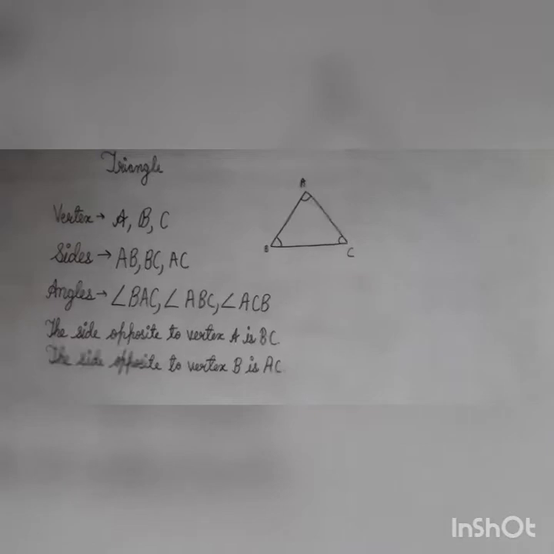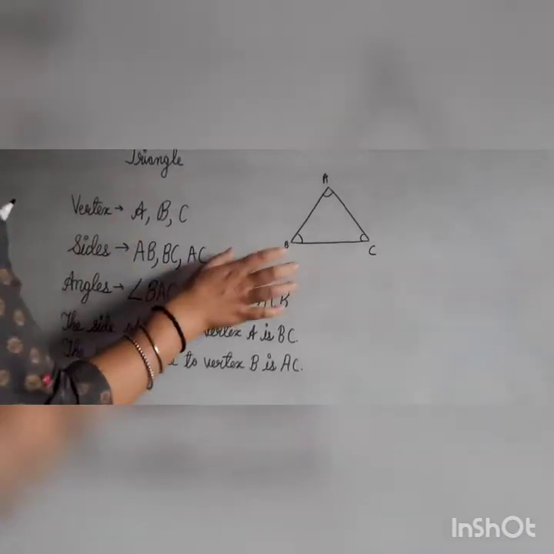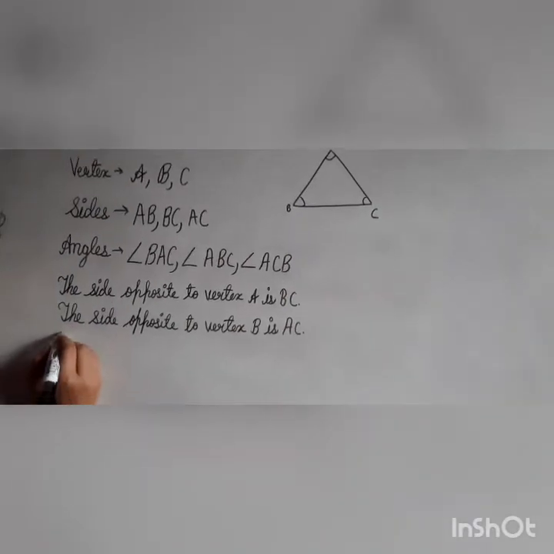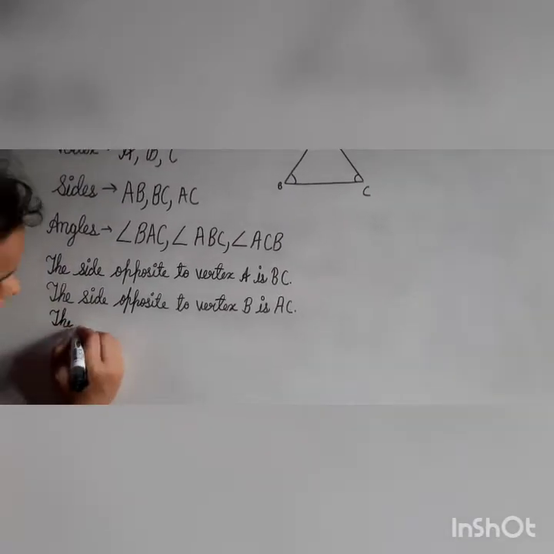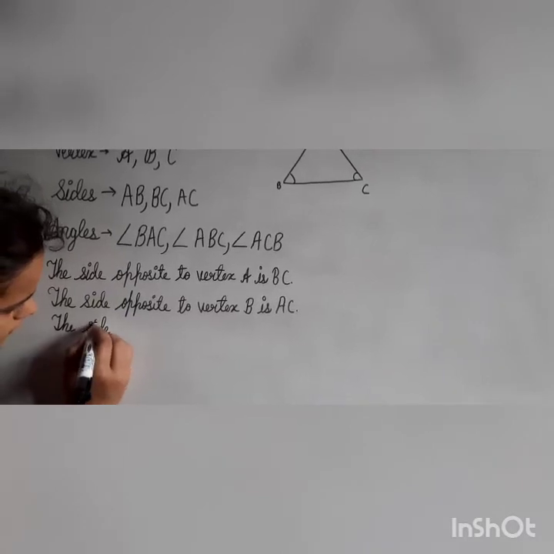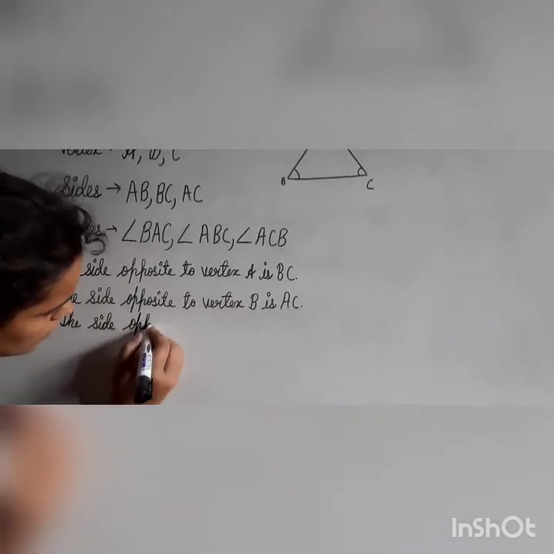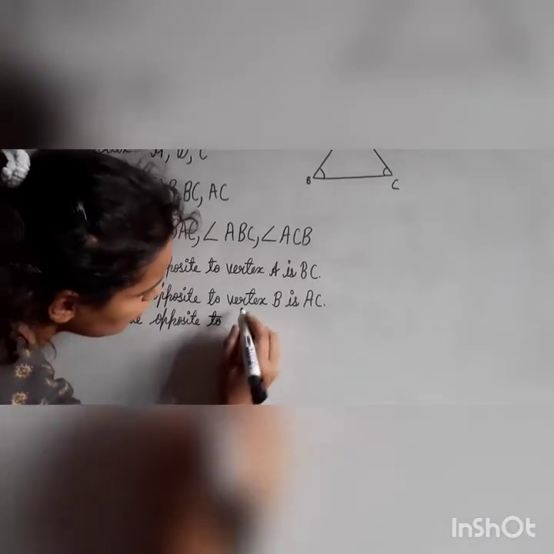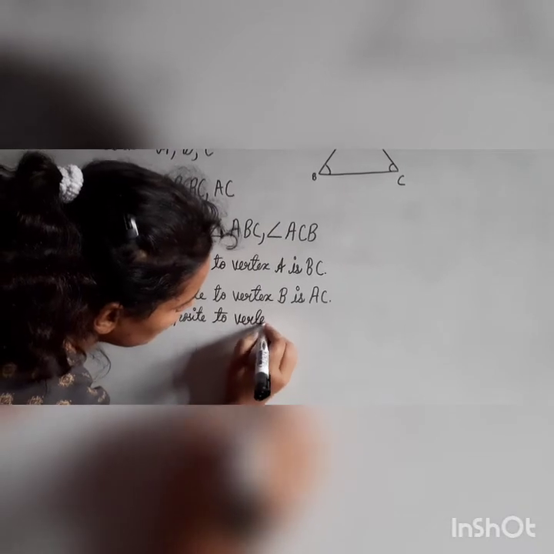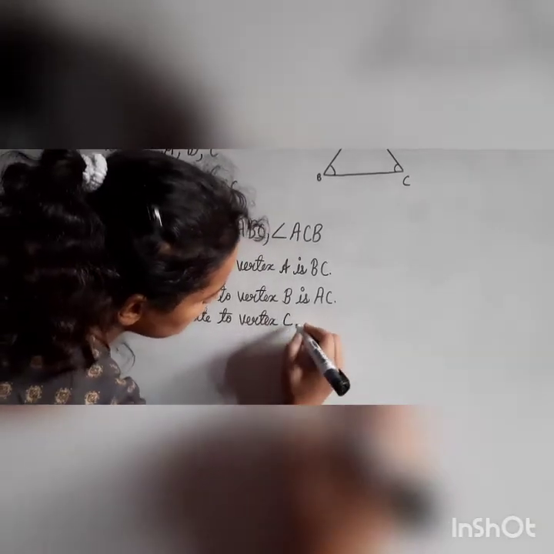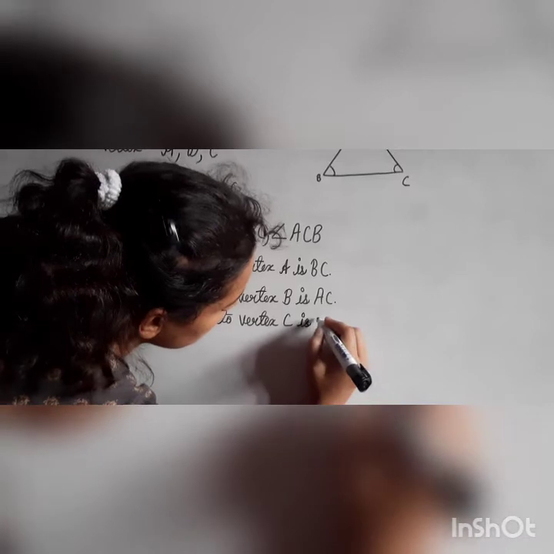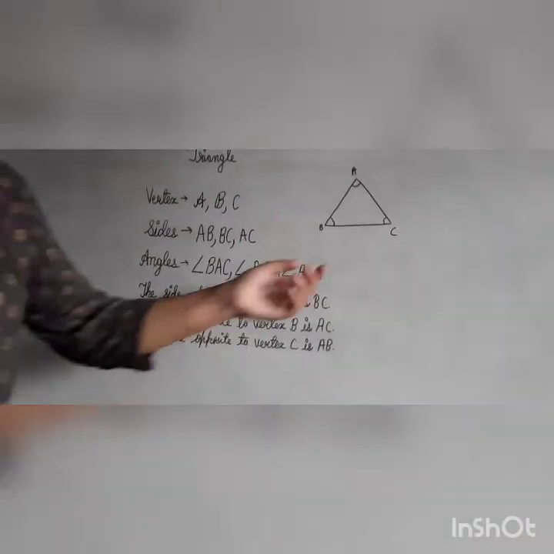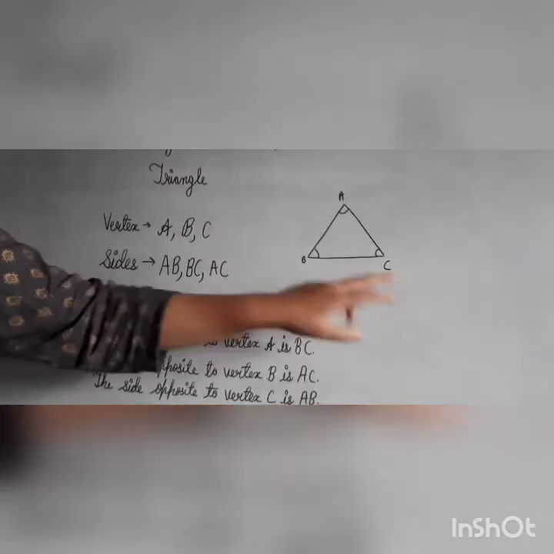You can see in the figure, the side opposite to vertex B is AC. Next is the side opposite to vertex C is AB. You can see in the figure, the opposite side of vertex C is AB.